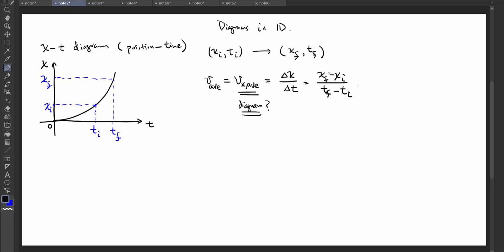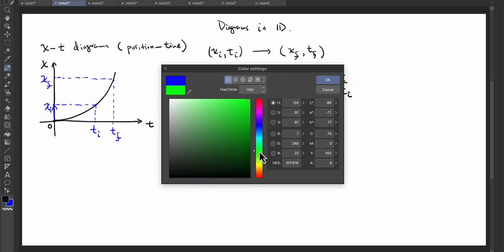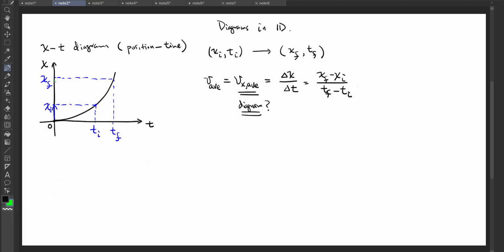We have the position difference, which we call displacement. And that can be represented in the picture, right? Because I already know x final is this length, and x initial is this length. So if I do the subtraction, so that's the initial position, and here's the final position vector.